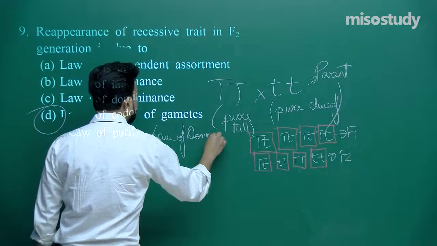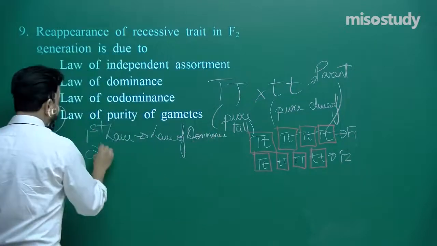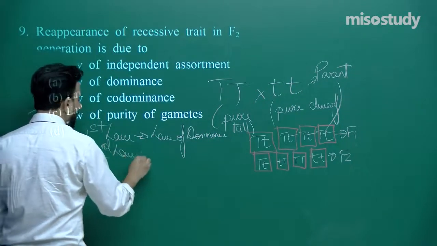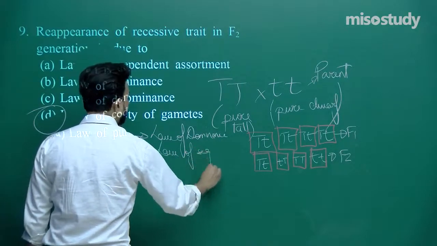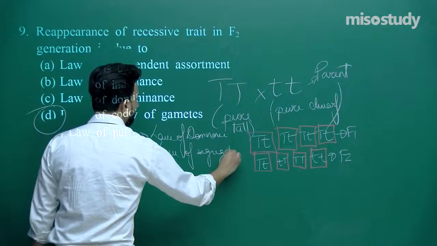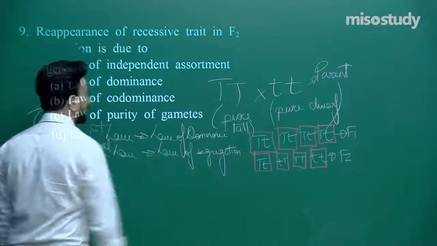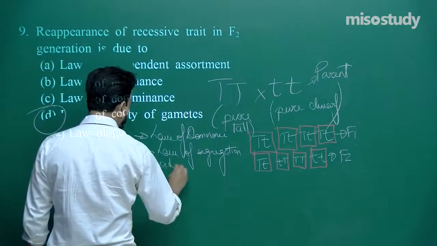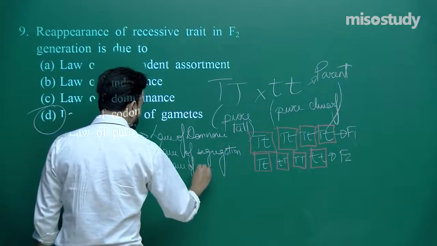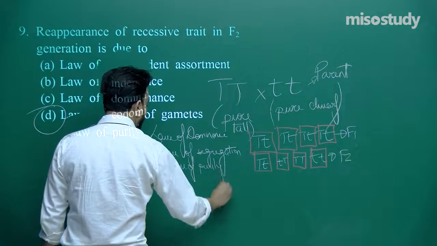The second law is called the law of segregation, or the law of purity of gametes.